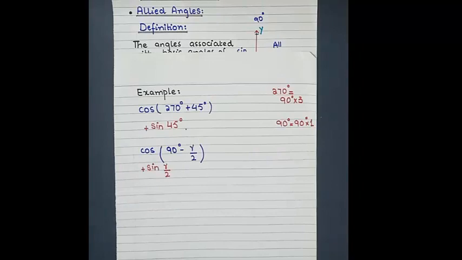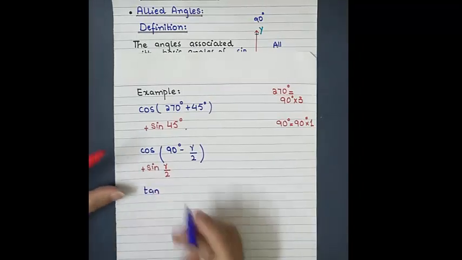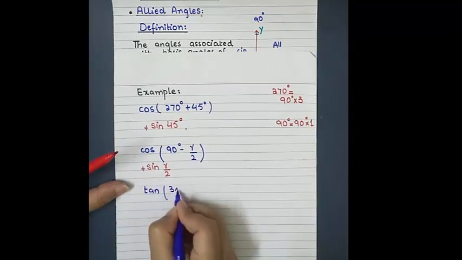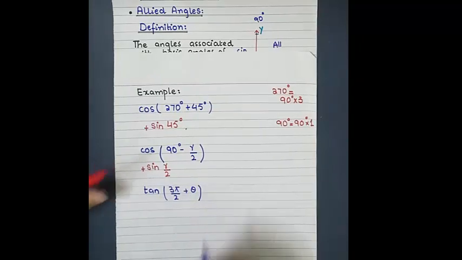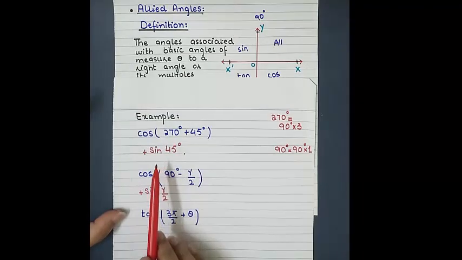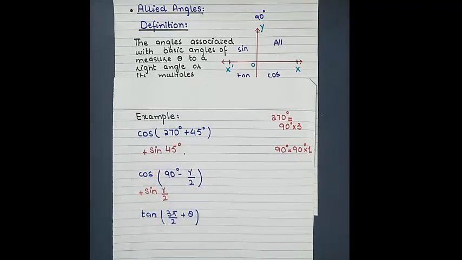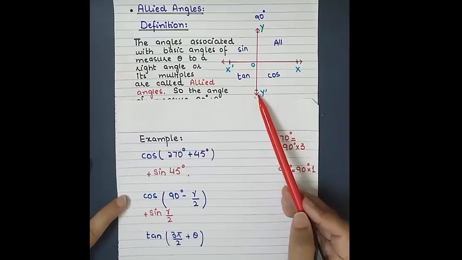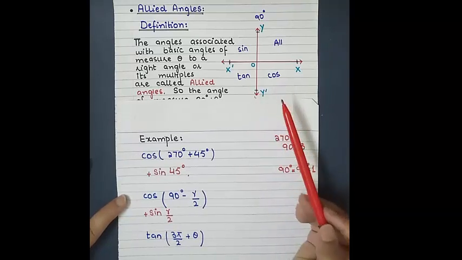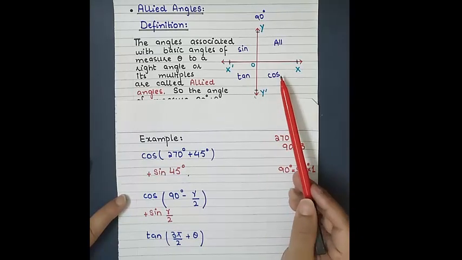Let's take another example. Tan(3 pi by 2 plus theta). You can write the value of sine also here. So this is 3 pi by 2. 3 pi by 2 means 270. 270 plus theta. It means in the fourth quadrant.